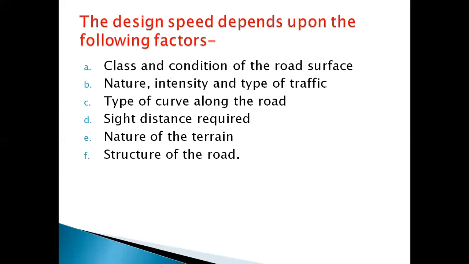Then, the design speed depends upon the following factors. First is the class and condition of the road surface, then the nature, intensity and type of traffic, then the type of curve along the road, sight distance required, nature of terrain, and structure of the road.